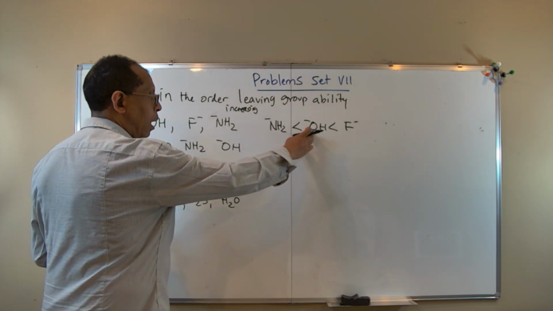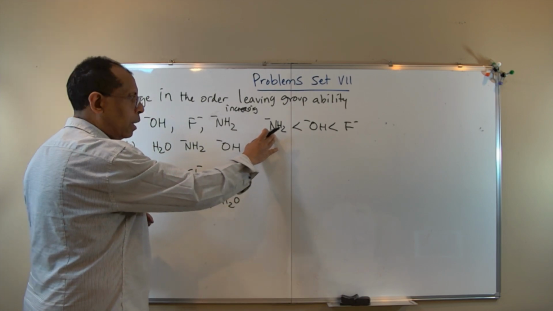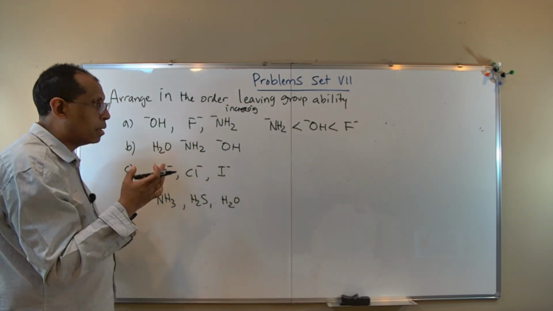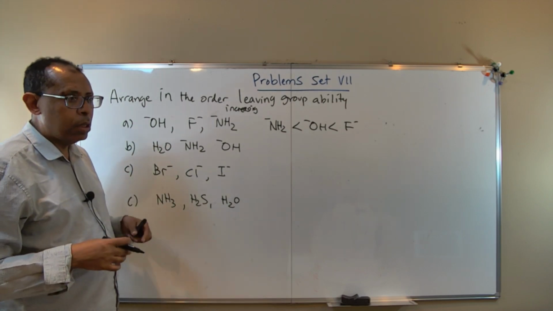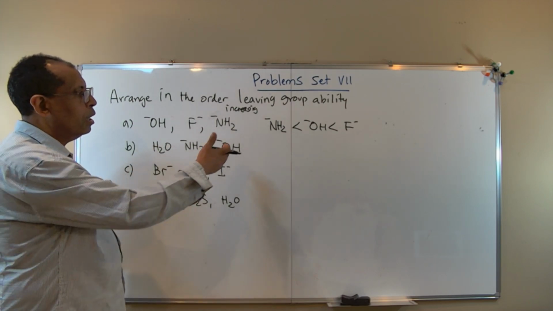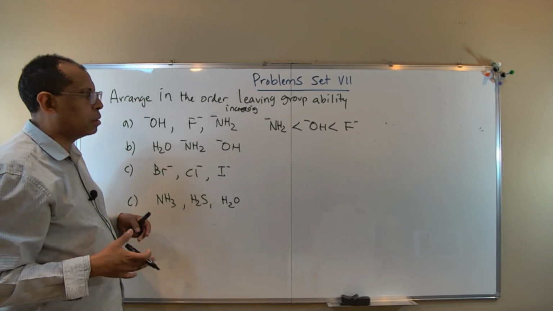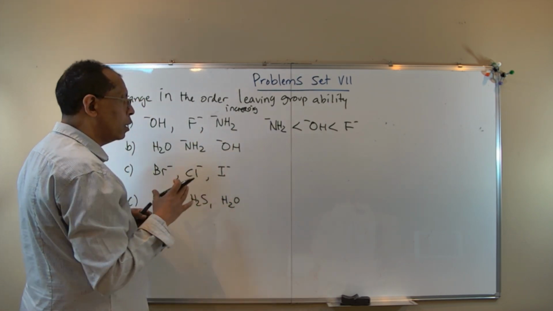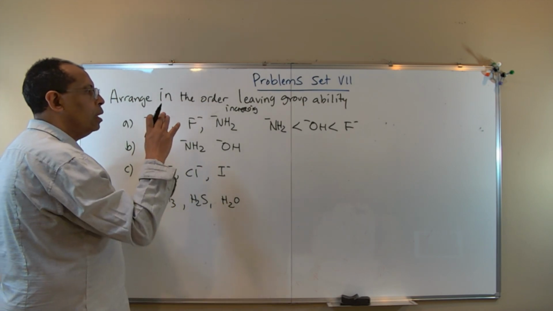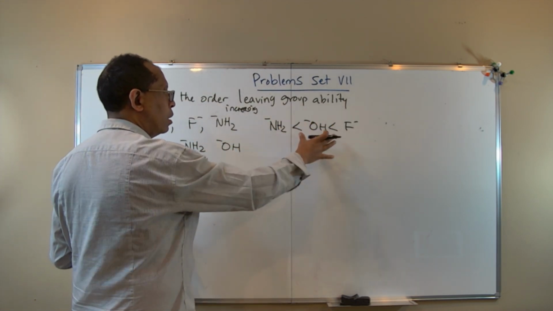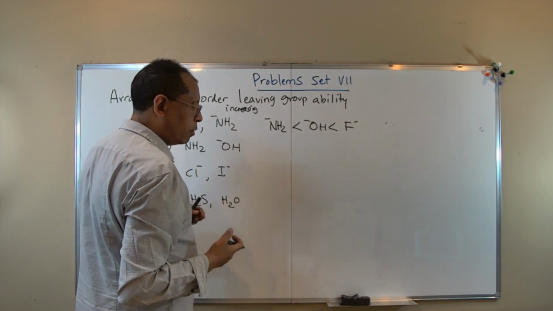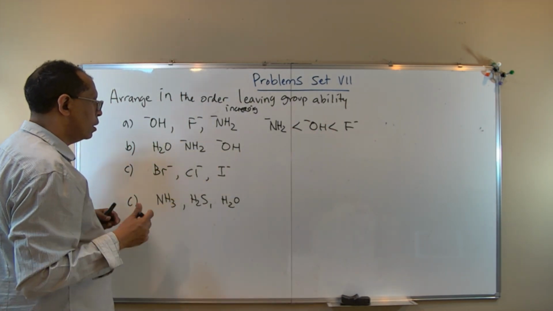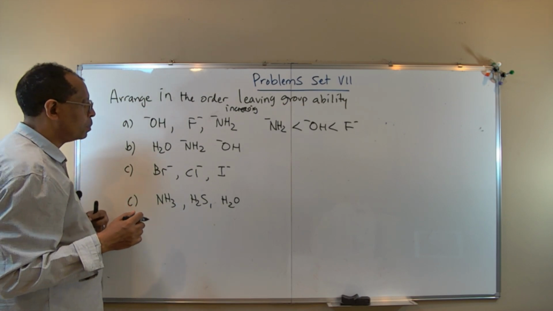Next is hydroxide, least is NH2. We have said that already in the previous question. OH is not a good leaving group, so even NH2 is the worst. So the stronger as a base, the weaker as a leaving group. So increasing leaving group ability in this series, it's a relative term. Fluoride is the highest in terms of its leaving group ability.